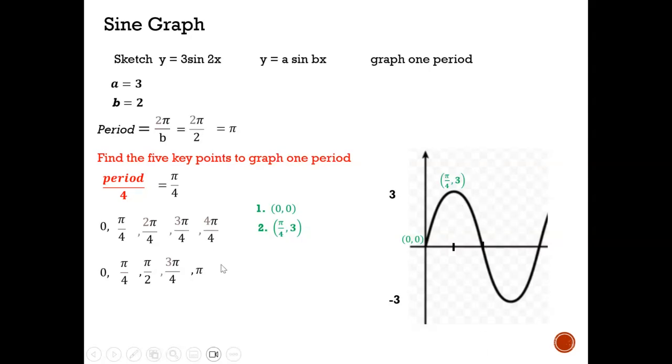My third point will be pi over 2, 0. My fourth point will be 3 pi over 4, negative 3. And the last point will be pi, 0.